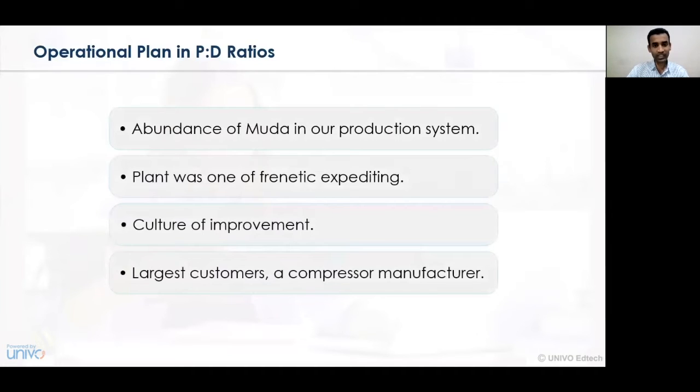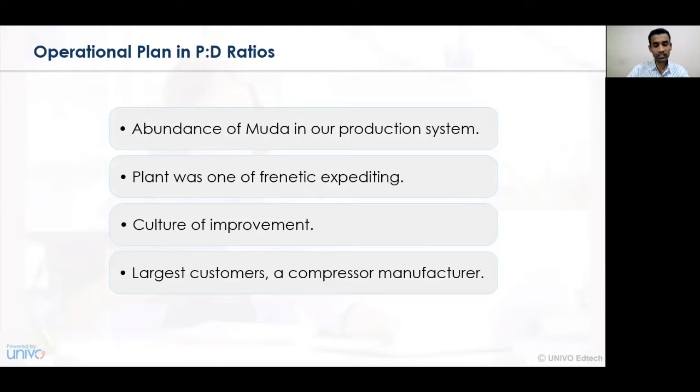With respect to the activity undertaken in the organization, the MUDA created may differ, either increasing or decreasing. With an increase in MUDA, the output of those products may be affected in the long run or the short run, and hence the PD ratio may increase at a higher rate.